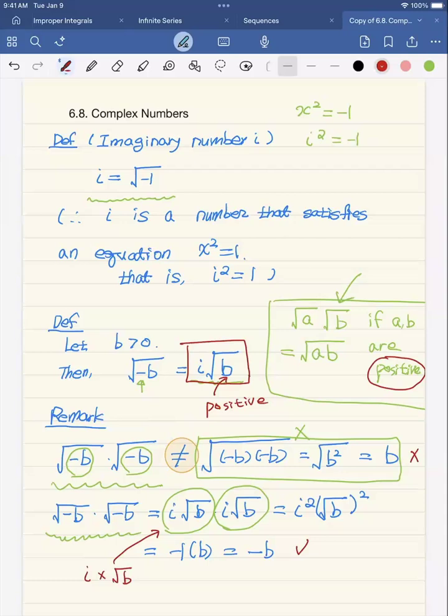By rearranging, we can understand this multiplication as i squared times square root of b squared. i squared is by its definition -1, and square root of b squared is b. So square root of minus b times square root of minus b is minus b.